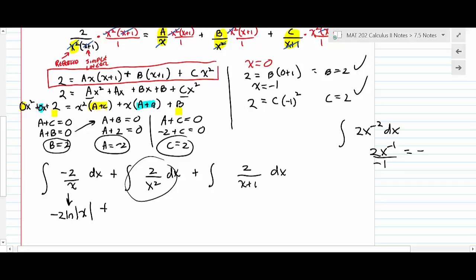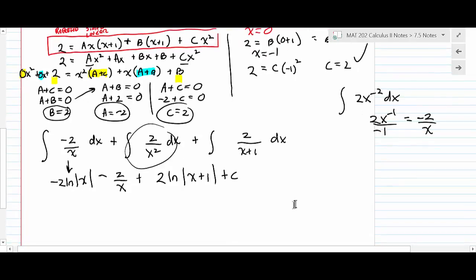So that's going to be negative 2. I'll just write that as negative 2 over x like that. Okay, so that integral is going to come down to give you minus 2 over x. And then the last integral is another logarithm integral. So that's going to be 2 natural logarithm x plus 1 plus c like that.